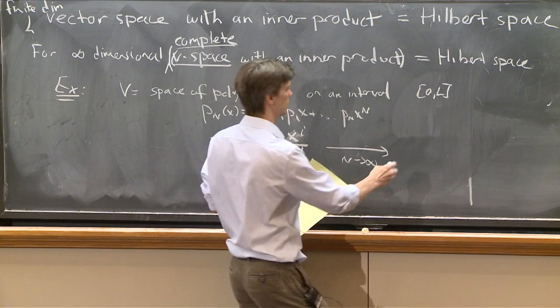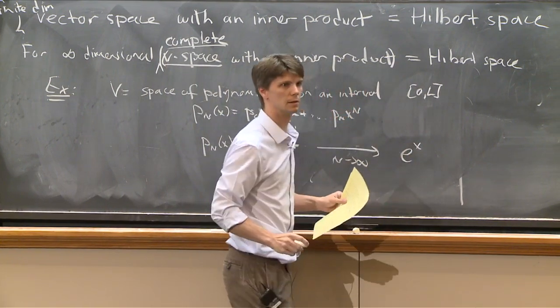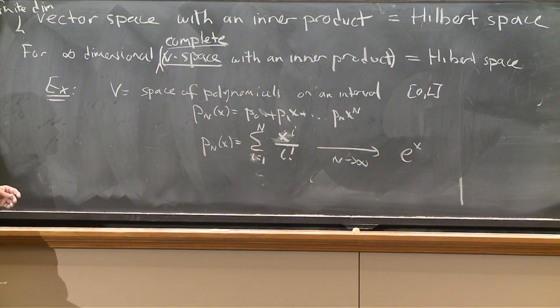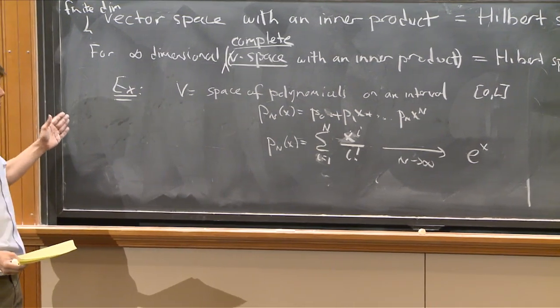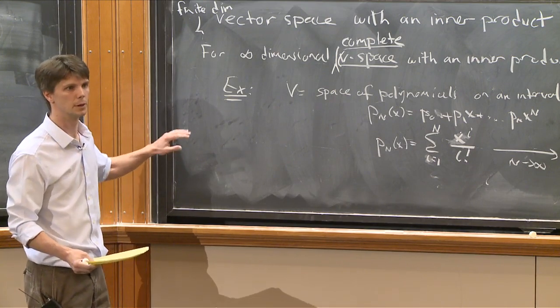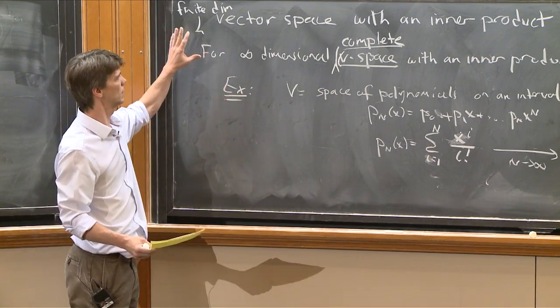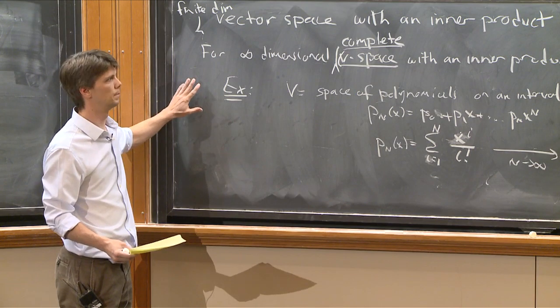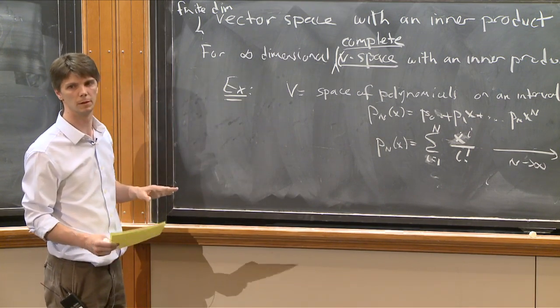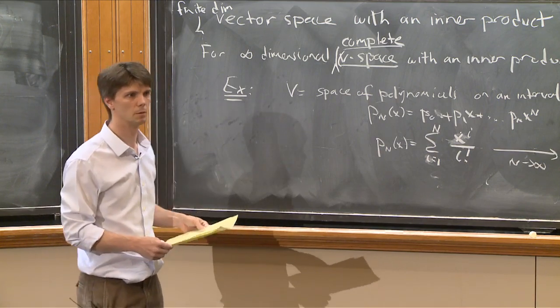I generate e of x, which lives in the completion of this, but is itself not a polynomial. Don't worry about this too much, but in order to really define a Hilbert space, we have to be a little bit careful for infinite dimensional cases, okay?